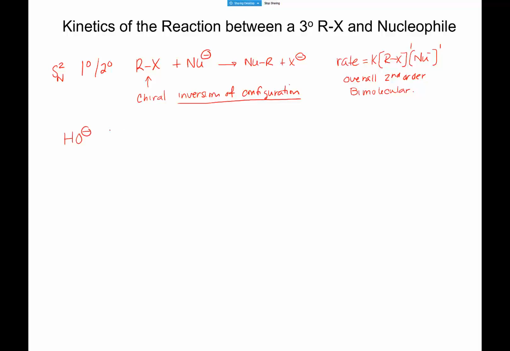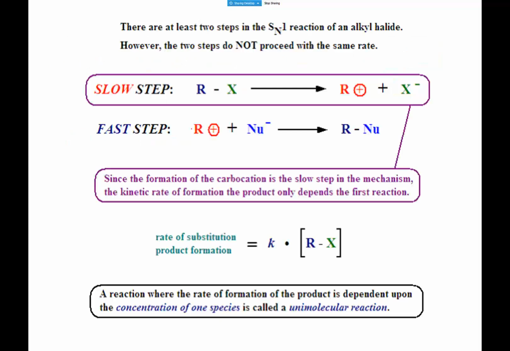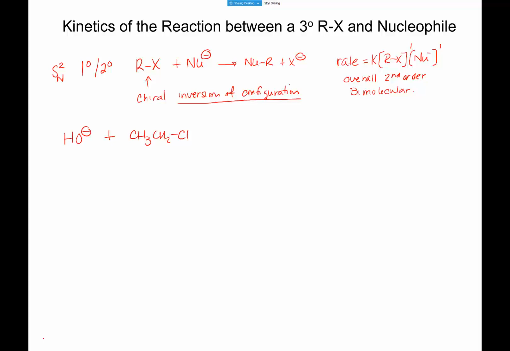So if we took hydroxide and added to that ethyl chloride, the first step is to show that the electrons from the OH come in and add to the carbon.